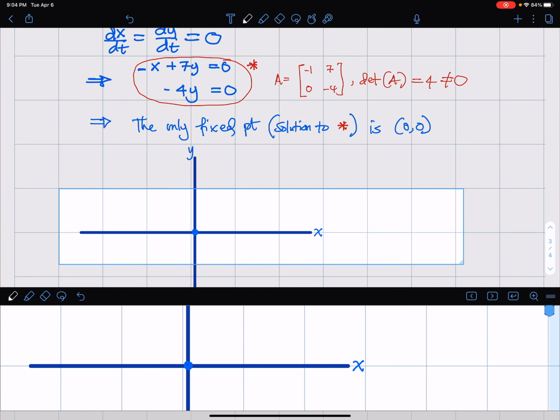The eigenvector 1, 0 is x is 1 and y is 0. So this is your eigenvector here. But I'm not going to stop there. I'm just going to draw a line on the straight line that this eigenvector lives on. Okay? So that's our first eigenvector.